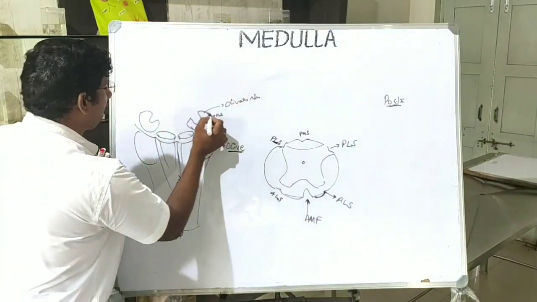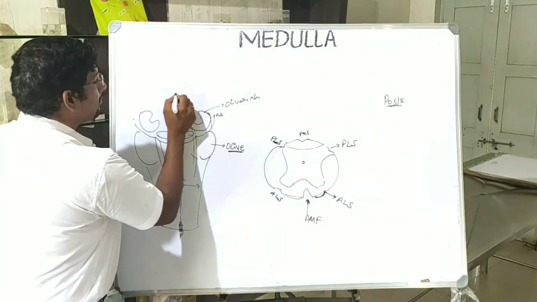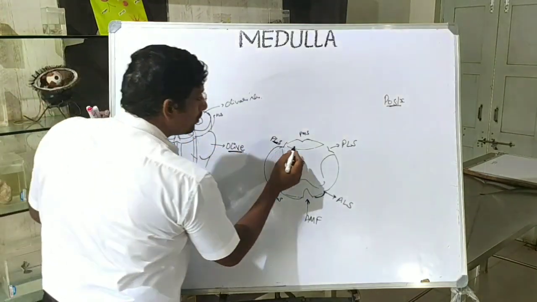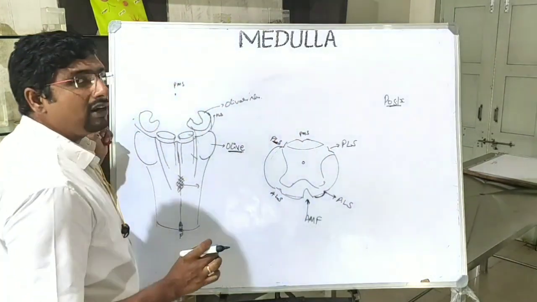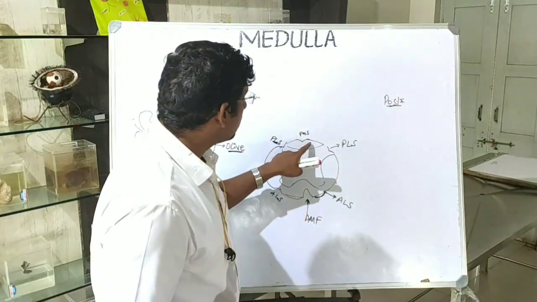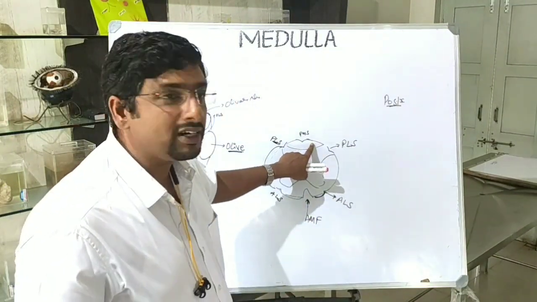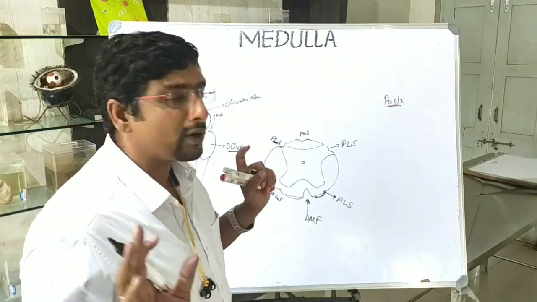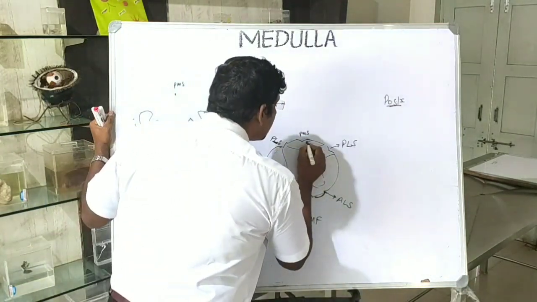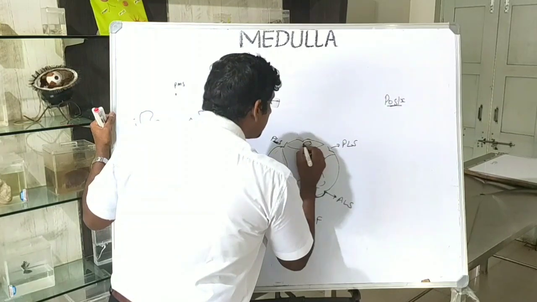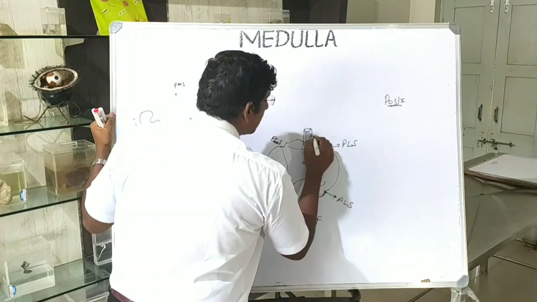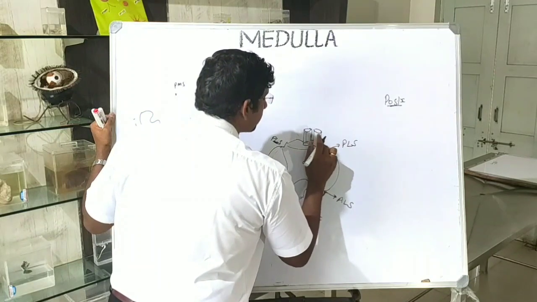So this is the posterior lateral sulcus here, and the posterior median sulcus should come here. So this is actually the dorsal white column. The fibers or tracts present will become more conspicuous as they come towards the medulla oblongata. So what does it have? It actually has two components, right? We have two components. One is here and another one is here.